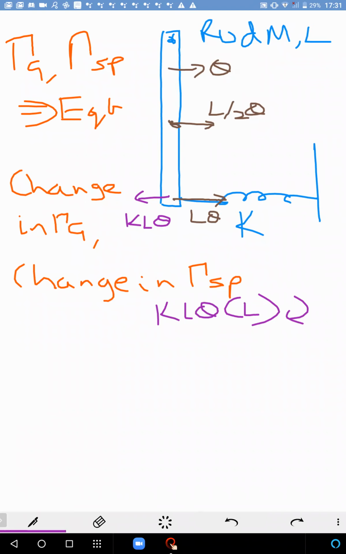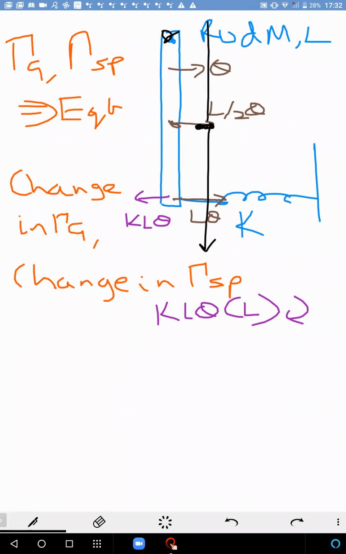Now, gravity. I had told you that there was no change in gravitational torque when the rod was horizontal. What is the situation in vertical? Simple, just try to draw the new position of the center of mass, which we see is L/2 theta towards the right, due to which the gravity torque has changed. By how much? Earlier the torque of mg was 0, now a lever arm has come about that point.